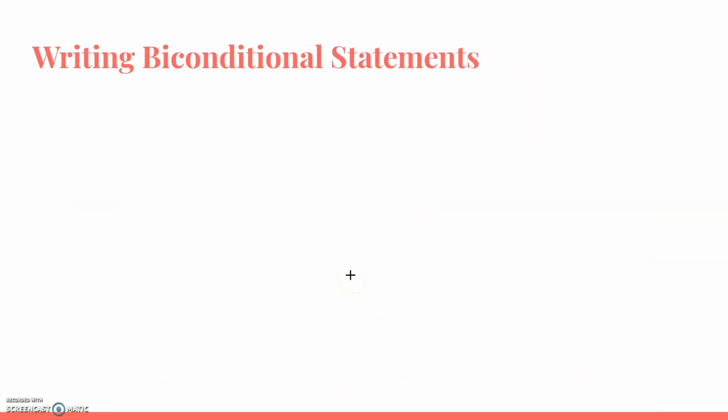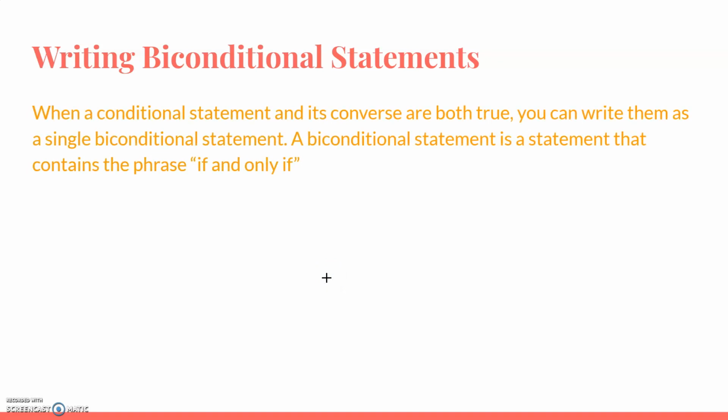Alright, now going on to the last topic today, writing biconditional statements. When a conditional statement and its converse are both true, you can write them as a single biconditional statement. A biconditional statement is a statement that contains the phrase if and only if. Some of the requirements to write a biconditional statement: you need the conditional statement and its converse to be true, and only then can you write the biconditional statement.